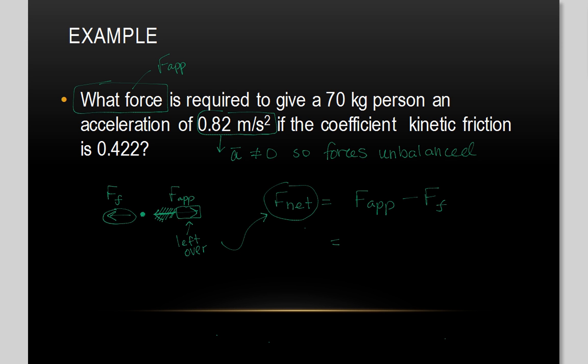So, what do we know F net is also equal to? MA. And that's the key. F net is equal to the sum of all forces. That's the thing on the right side. But F net is also equal to MA. So you have MA equals the sum of all forces. And what are we trying to solve for?